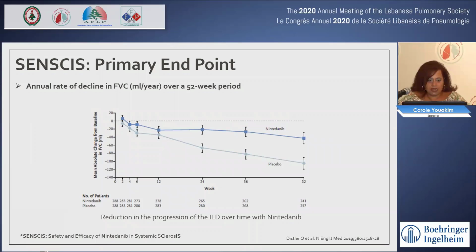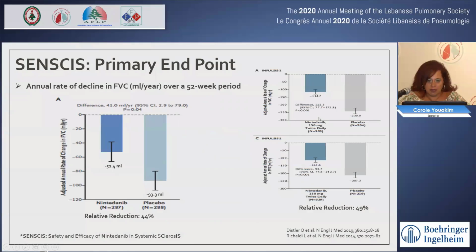Here you have the absolute change from baseline in FVC over time, and you can clearly see that at week 12, both curves separated and continue to diverge. So nintedanib clearly reduced the progression of the ILD over time in patients with systemic sclerosis ILD.